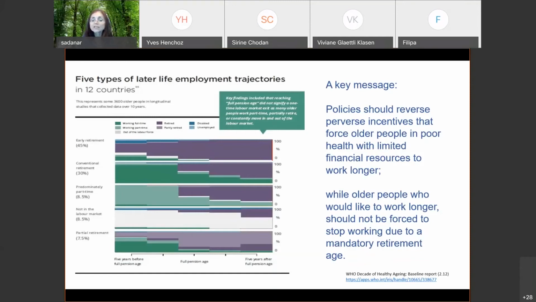So this is also really important because even during this 10-year period before and after when people are potentially expected to retire, there is a lot more dynamism in what older people are doing. And this need for flexibility in systems is really important.